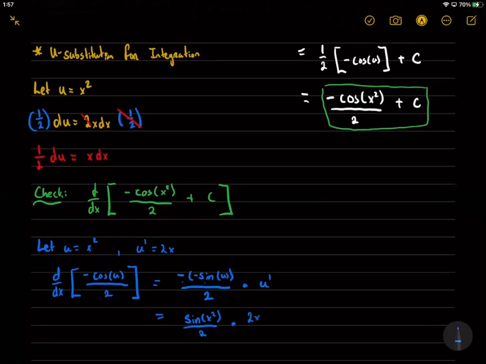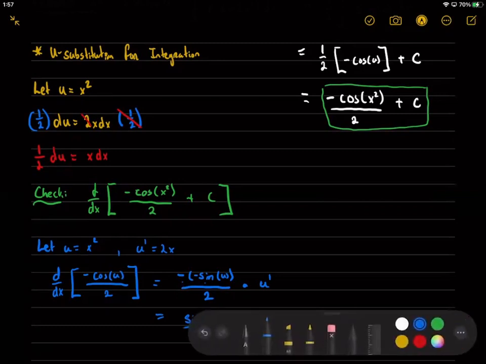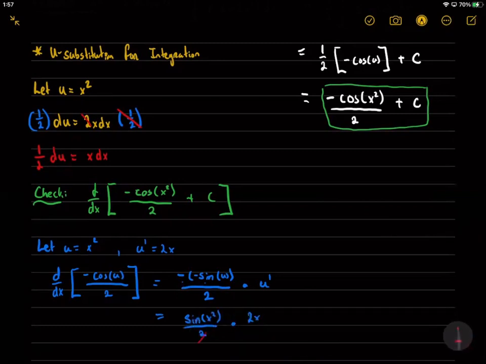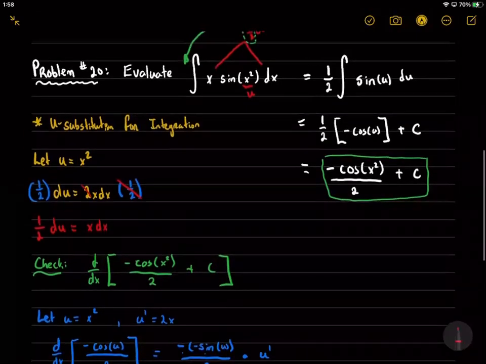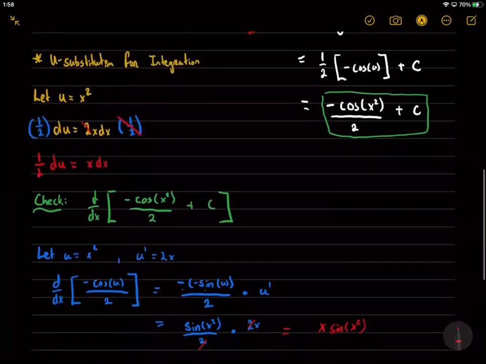So if you have sine x squared times 2x over 2, the 2's will cancel. And what you're going to have remaining is just x times sine of x squared. And if you notice, this is exactly what's inside of the integral. It was x times sine of x squared. And that's your final solution. Well, that was just a check that our final solution of negative cosine x squared over 2 plus c is valid. And that's it.